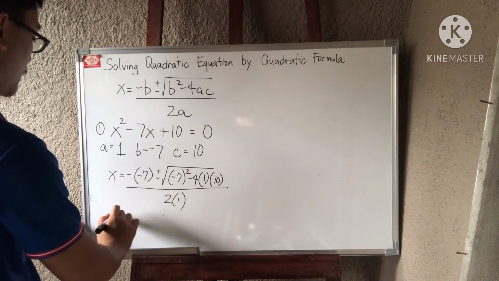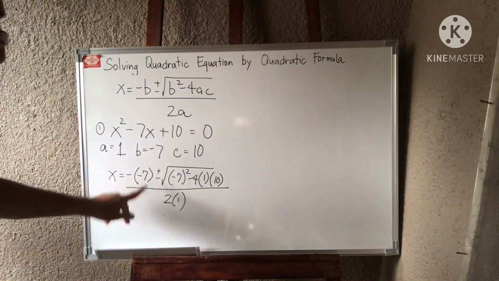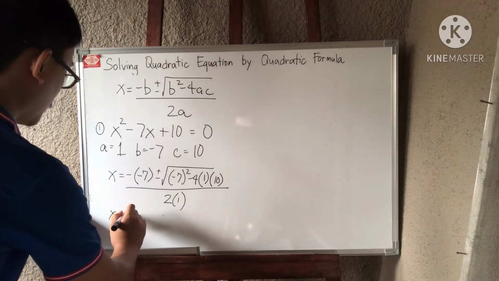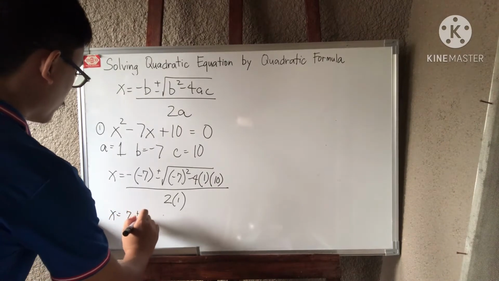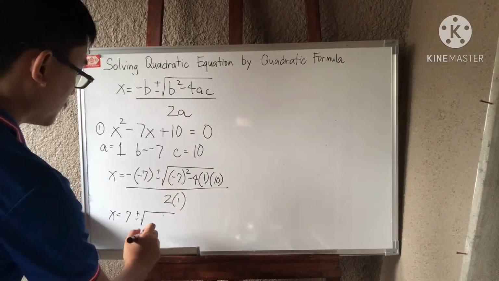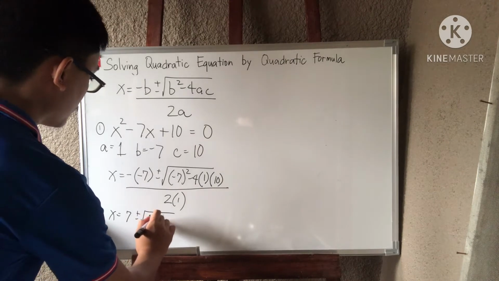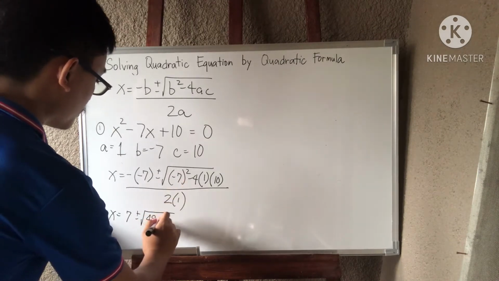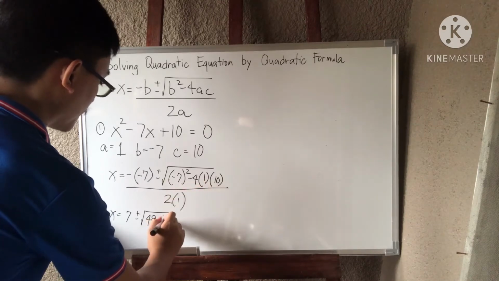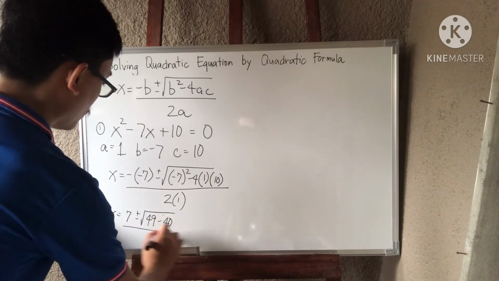So, ang mangyayari dyan, yung negative of negative 7, magiging 7, plus minus square root of, negative 7 squared is 49, minus 4 times 1 times 10, that is 40.